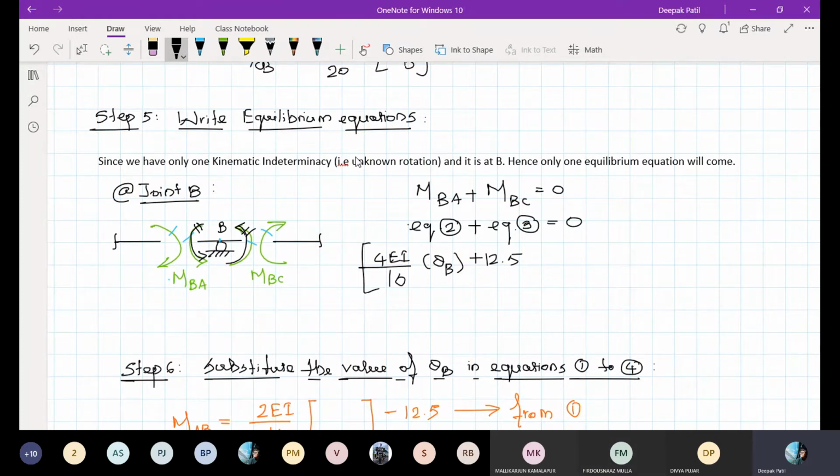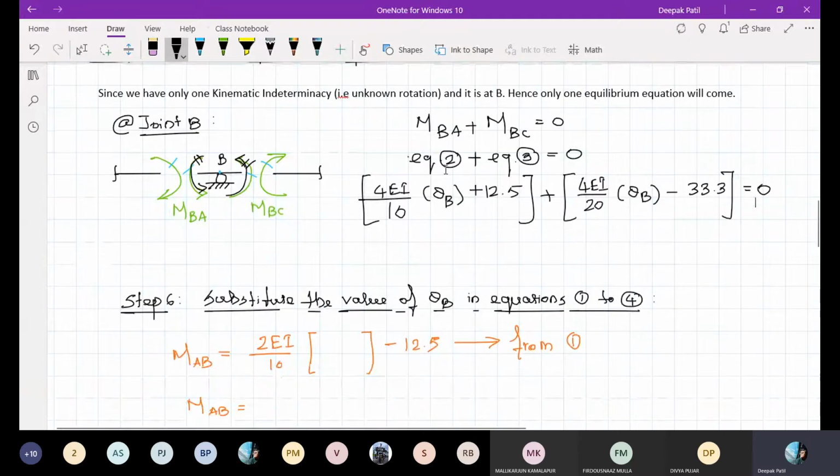This is equation 2, plus equation 3, that is MBC, which is 4EI by 20 times theta B minus 33.3, equated to 0.